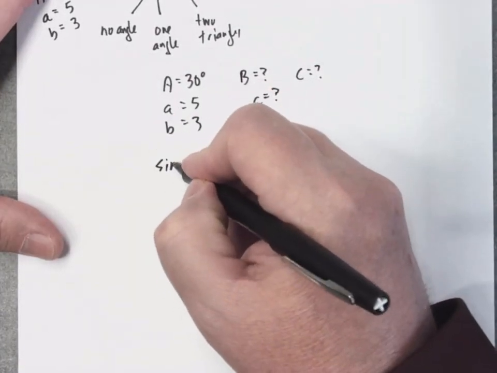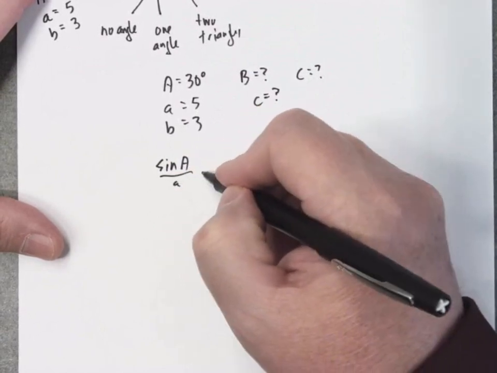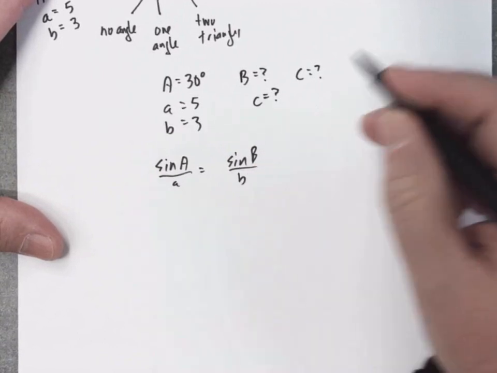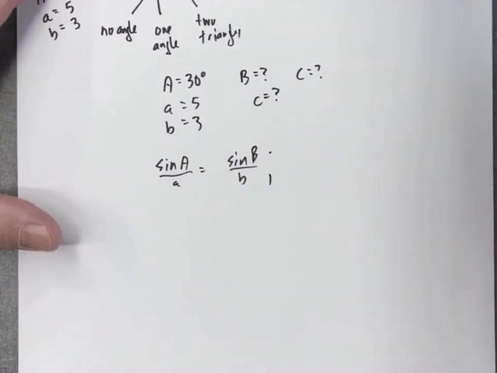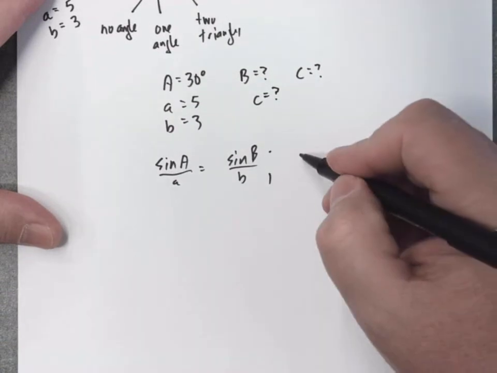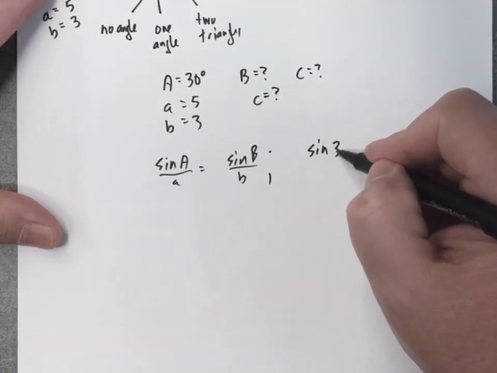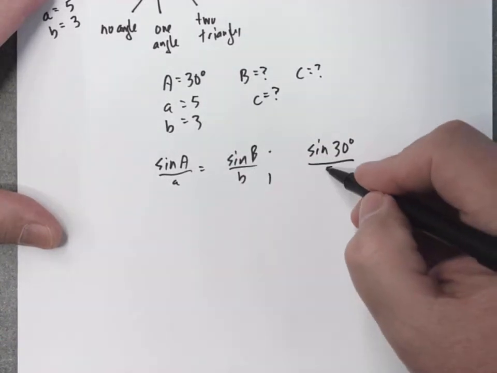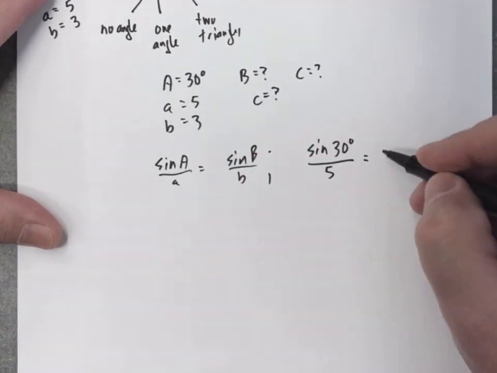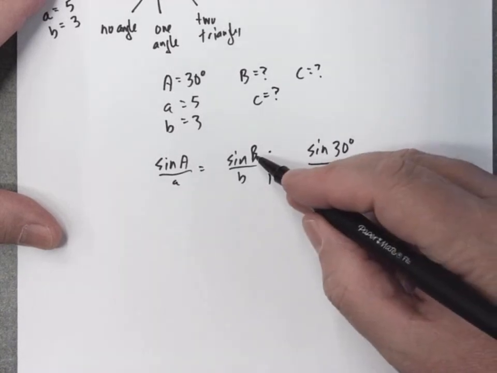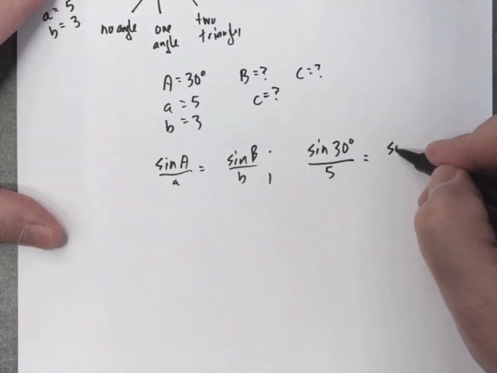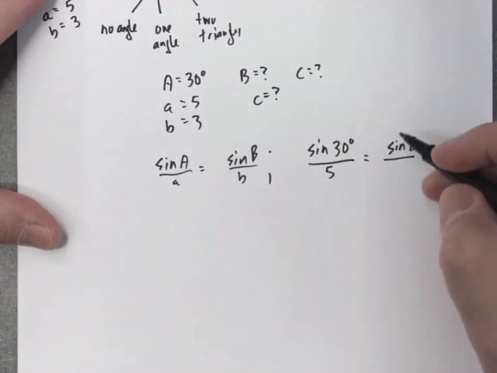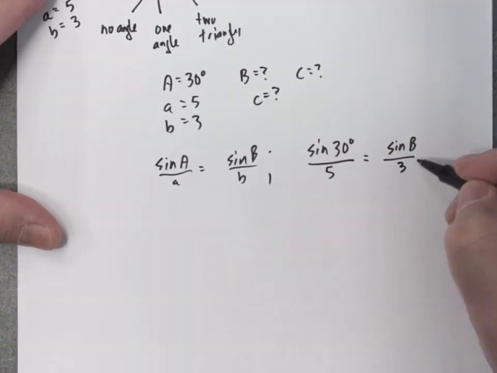So my law of sines is going to be the sine of A over A equals the sine of B over side B. Now if I fill in everything I know, angle A is 30, sine of 30 degrees. Side A is 5. I do not know angle B. And then side B is 3.